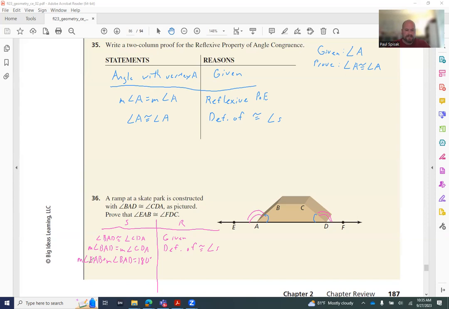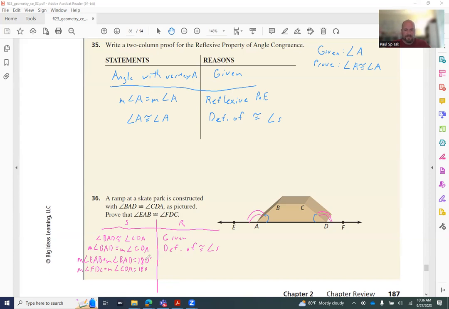Then, same thing for the other set: the measure of angle FDC plus the measure of angle CDA equals 180.